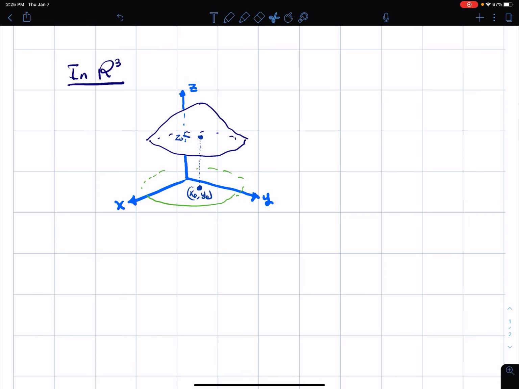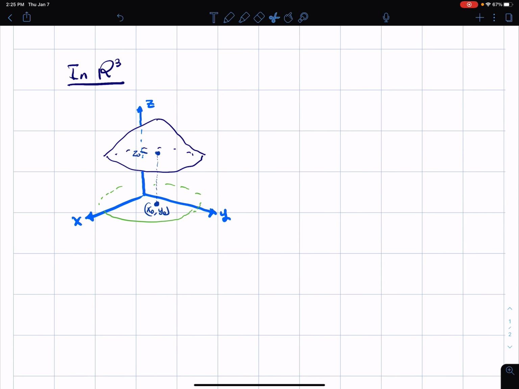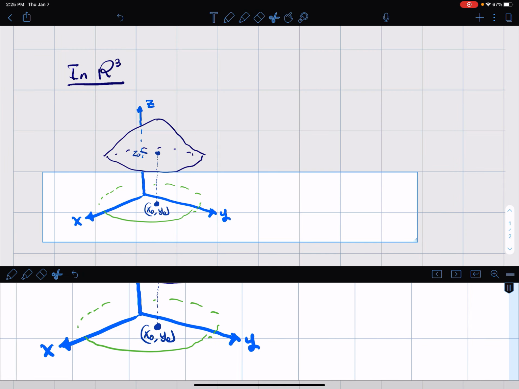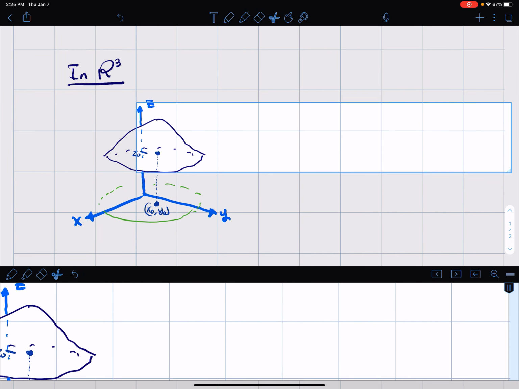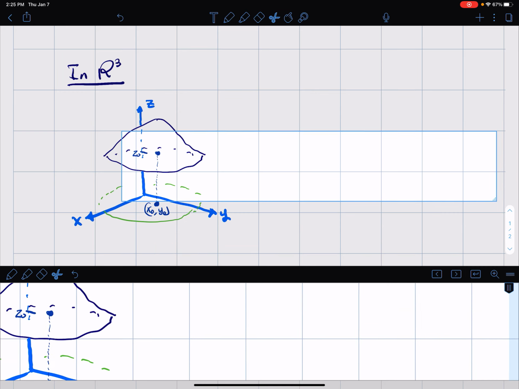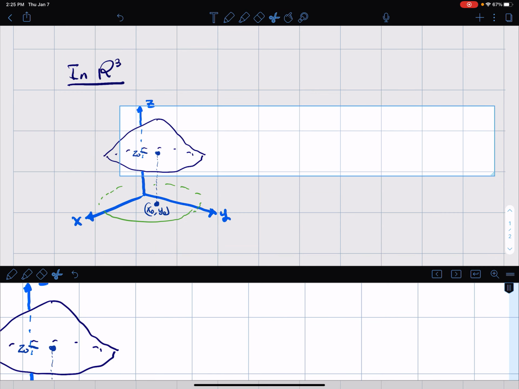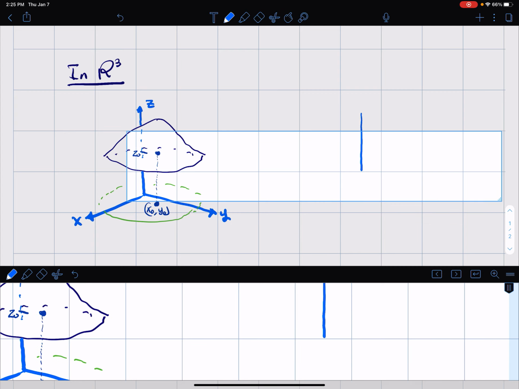So if this limit exists, that means from whatever path, so if we look at the subset of the domain that we're considering, and let's look at it in the xy plane. So this is y-axis and x-axis.